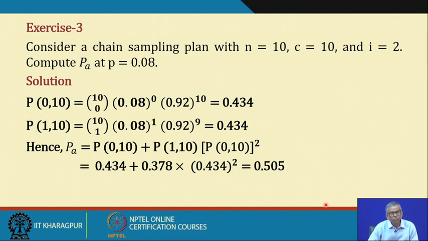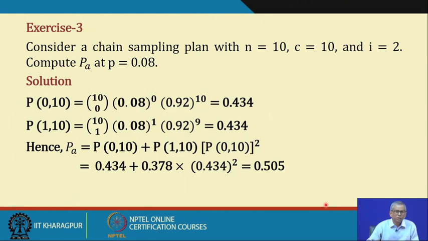We have mentioned that one of the special purpose sampling plans is the chain sampling plan. You use the chain sampling plan when the sample size is very small, less than or equal to 10. Why is the sample size less than or equal to 10?